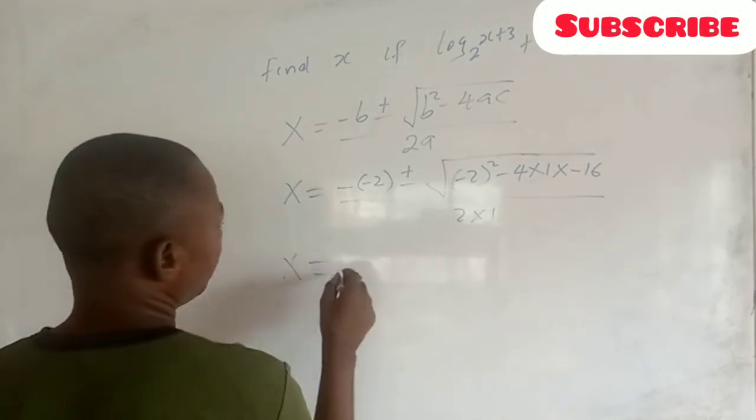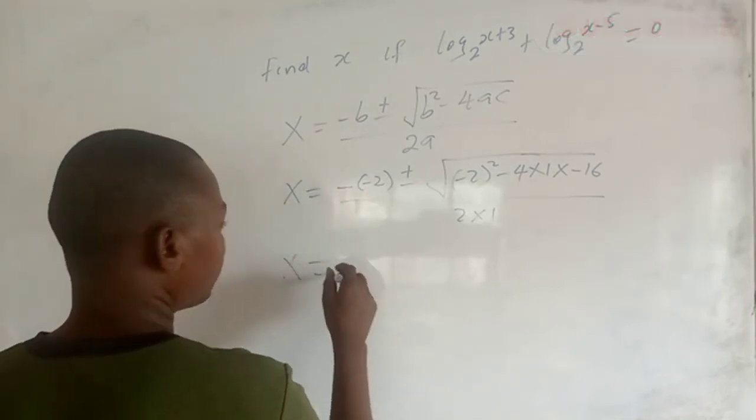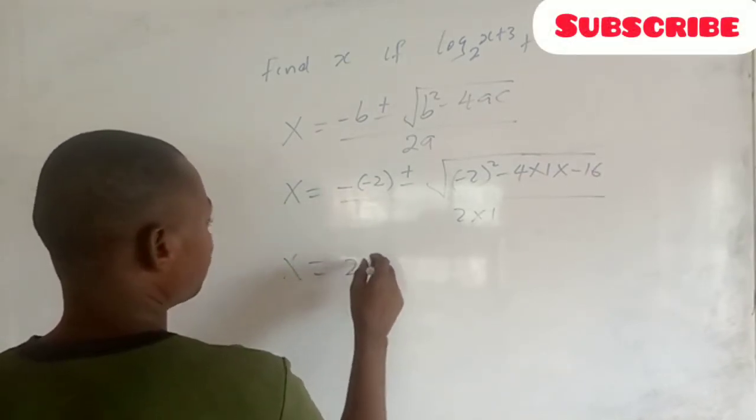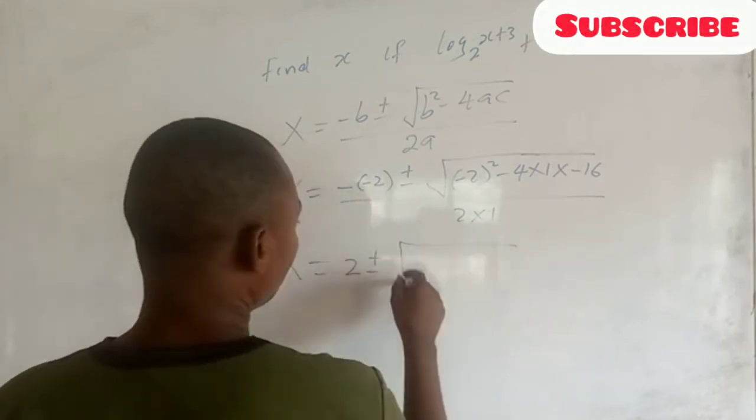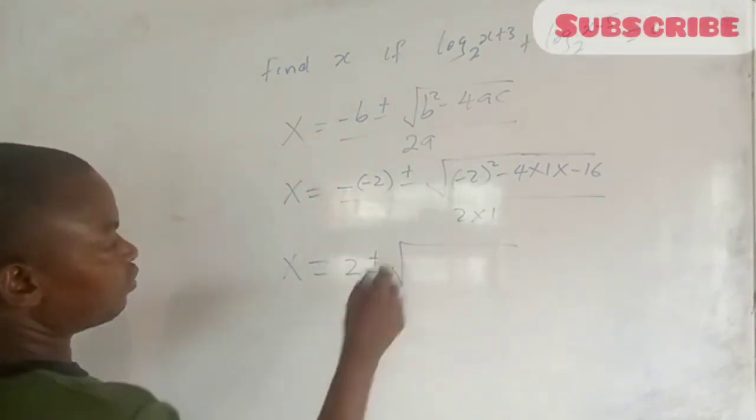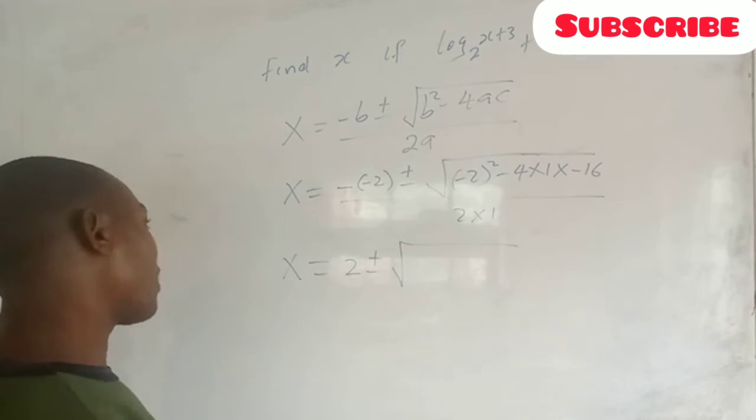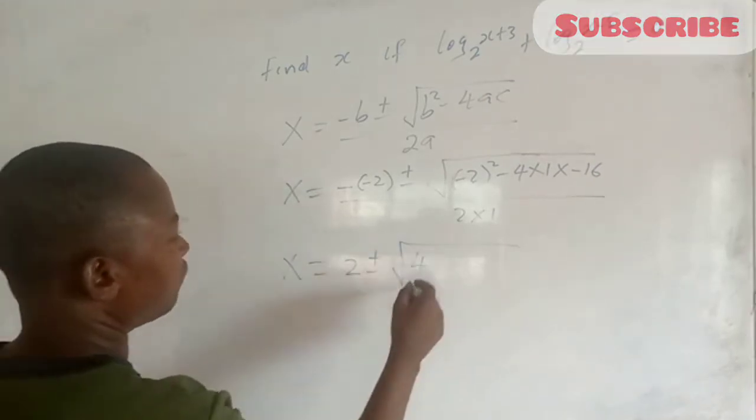So s equals minus times minus gives us plus, so we have 2 plus or minus square root of minus 2 squared, which gives us plus 4.